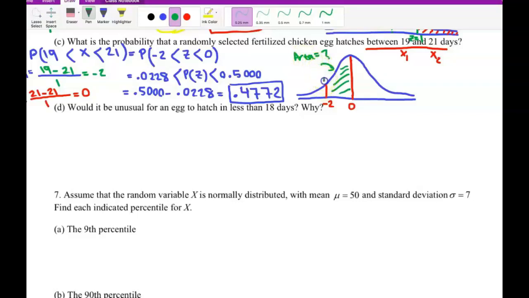So using table, we got that the area for this part was 0.0228. And the area up to this point was 0.5000. That's why we need to subtract to find the answer for this part. So 0.5000 minus what we have here, we can find the answer for this part.